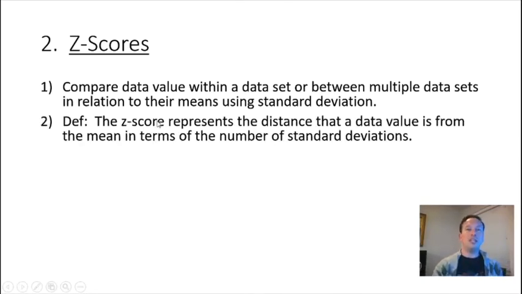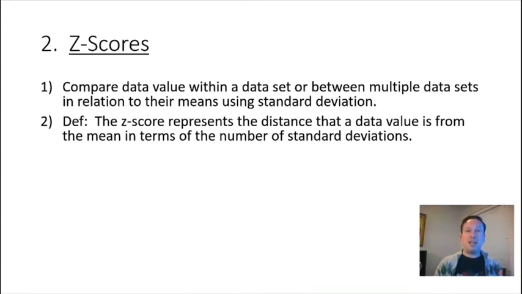So the z-score represents the distance that a data value is from the mean in terms of the number of standard deviations. Now, this might sound like the definition of standard deviation, and it's an alternative form of the definition of standard deviation where we're looking at that particular distance from the middle, from the mean, that a data value falls, and we're measuring it in terms of the standard deviation, that average distance.